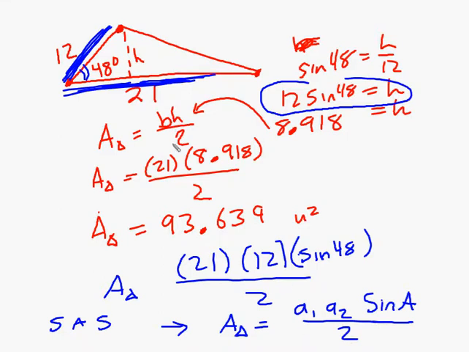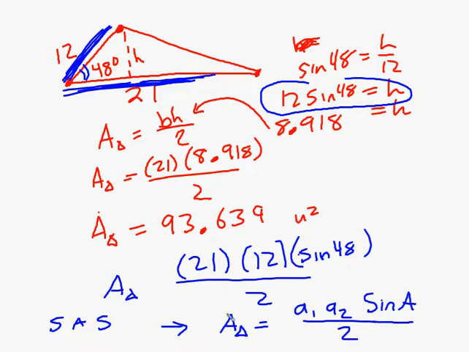It's still base times height divided by 2. But if you want to shorten your work rather than draw it all out and do these extra steps, if you have a side angle side setup in a triangle, it always ends up that you multiply the two sides times the sine of the angle between them. No matter what the angle is, it will always be that.